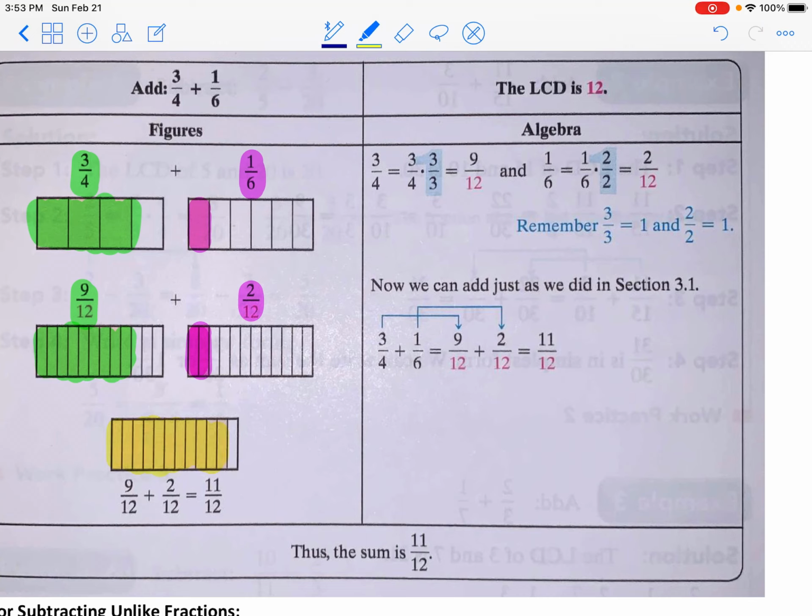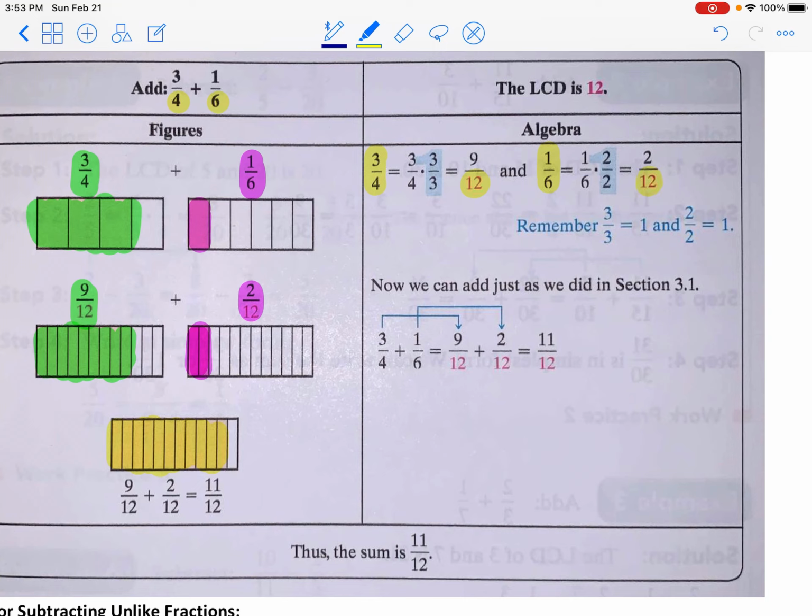All right? So the goal when we're adding our fractions is to get equivalent fractions, right? Get like denominators. So what we would be looking for is the least common denominator, or the least common multiple of our denominators. So looking at our denominators 4 and 6, the smallest number they both go into is 12. So the goal was to get 3/4 to be an equivalent fraction with a denominator of 12, and to get 1/6 to be an equivalent fraction with a denominator of 12.